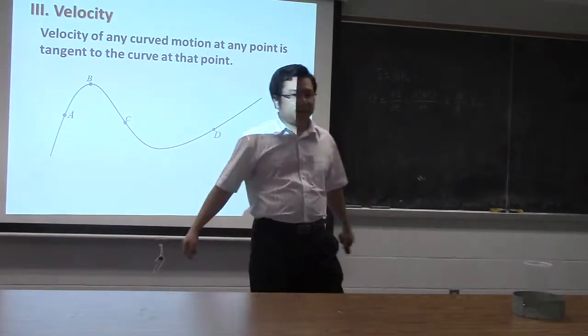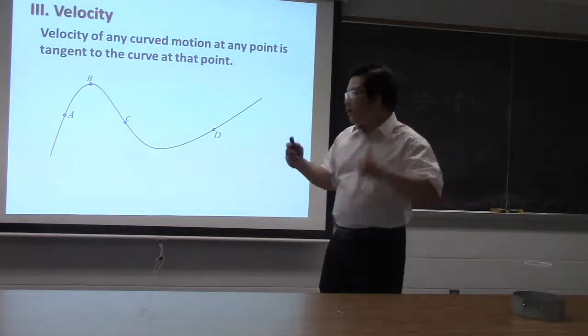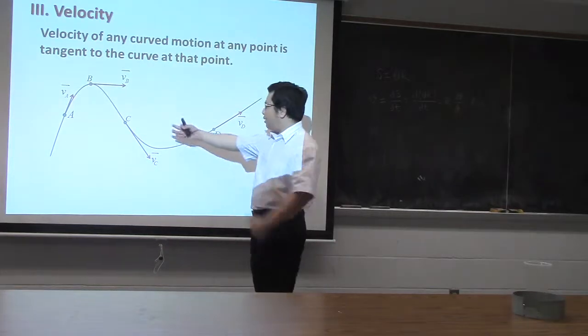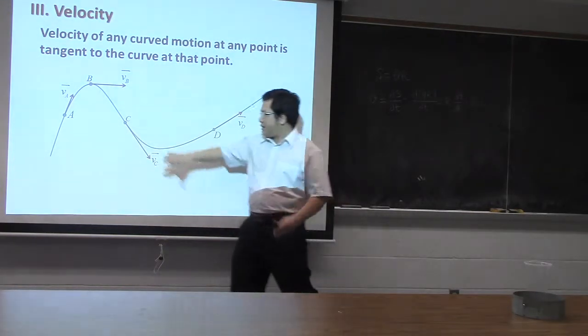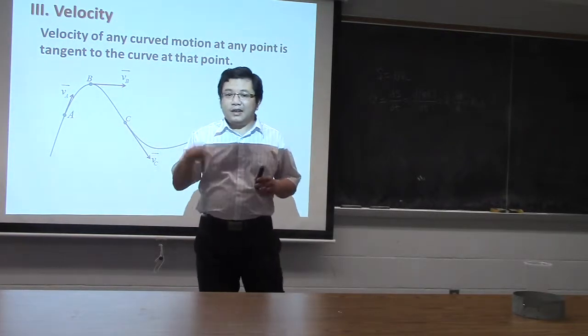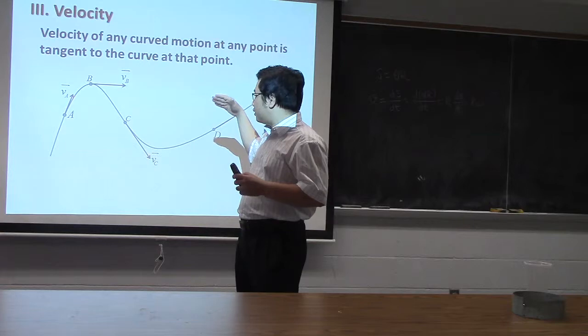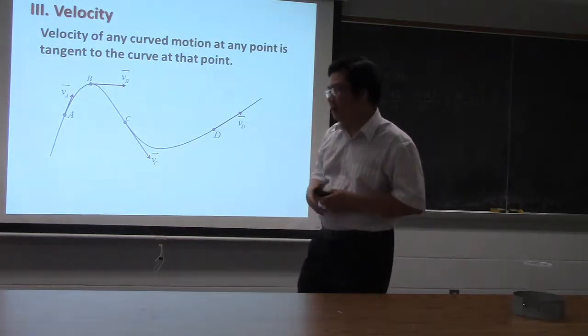Let's do that. Now, I'll give the answer. Here are the velocity vectors. They may not have the same magnitude, but they must have the same characteristic. That is, they are all tangent to the curved path at that point.